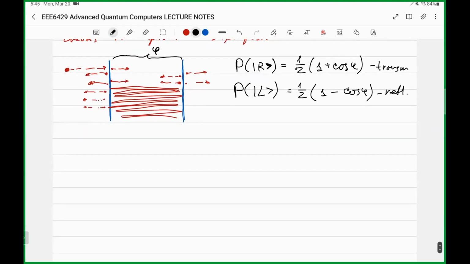So as you can see, changing the phase from -1 to 1, the probability of finding the photon on the right side will be something like this.